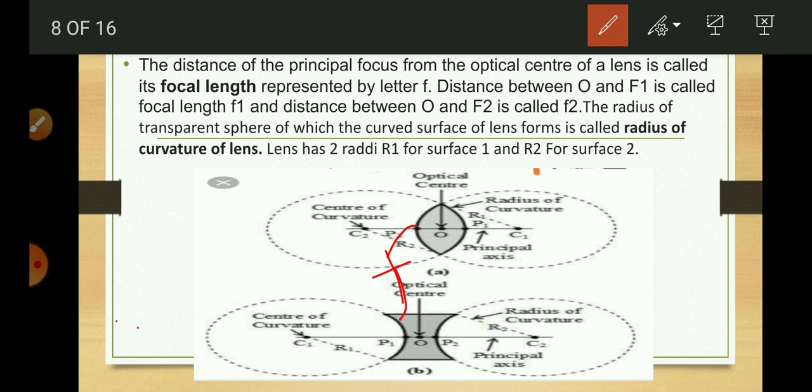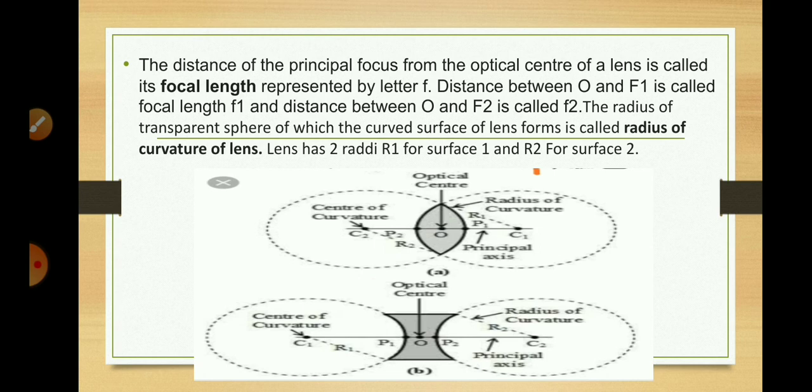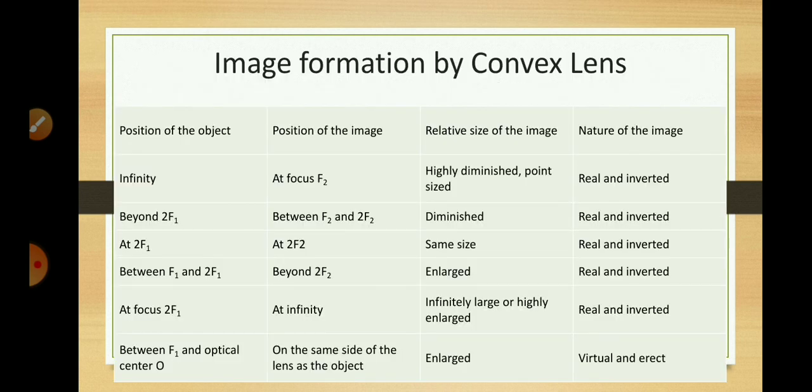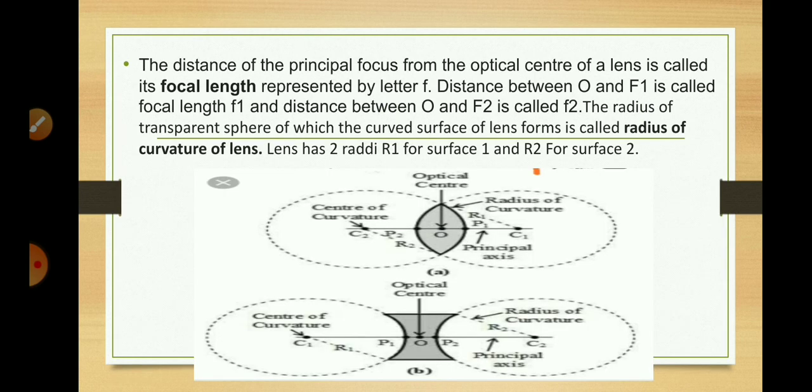The distance between O and F1 is called focal length f1, and the distance between O and F2 is called f2, that is another focal length. So all these are important terms related to the lens.